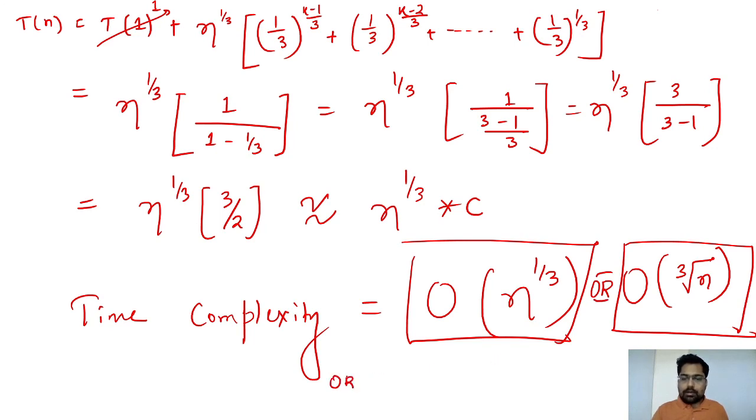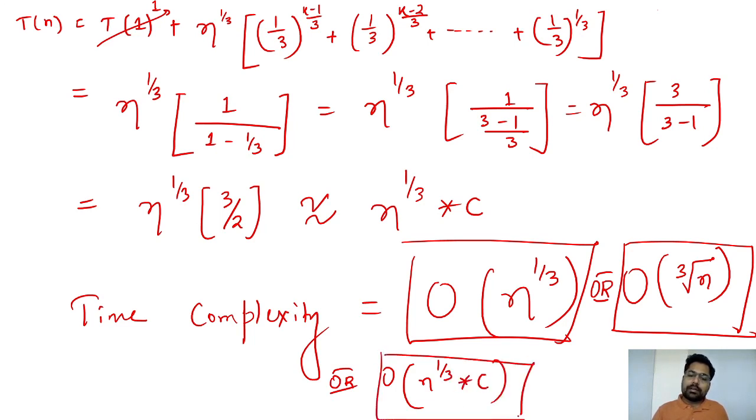Or big O of n to the power 1 by 3. Some constant is getting multiplied. You have to write C represents constant. Or big O of cube root of n into C, where C is constant.